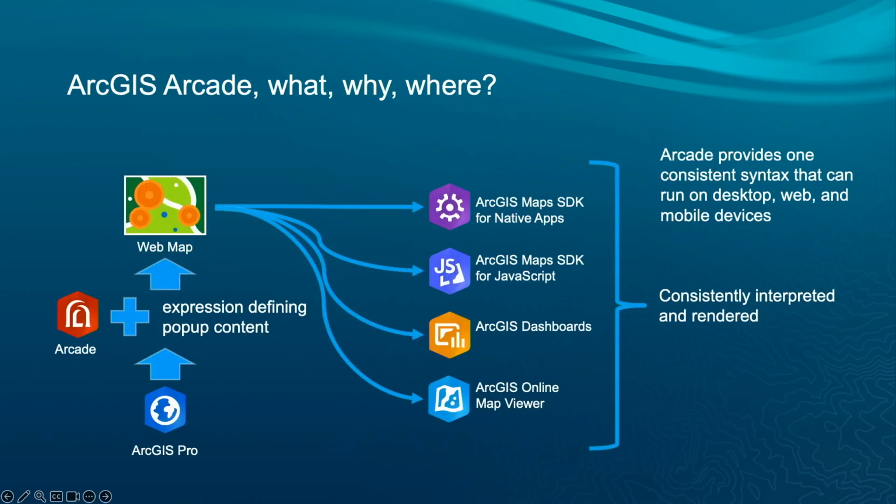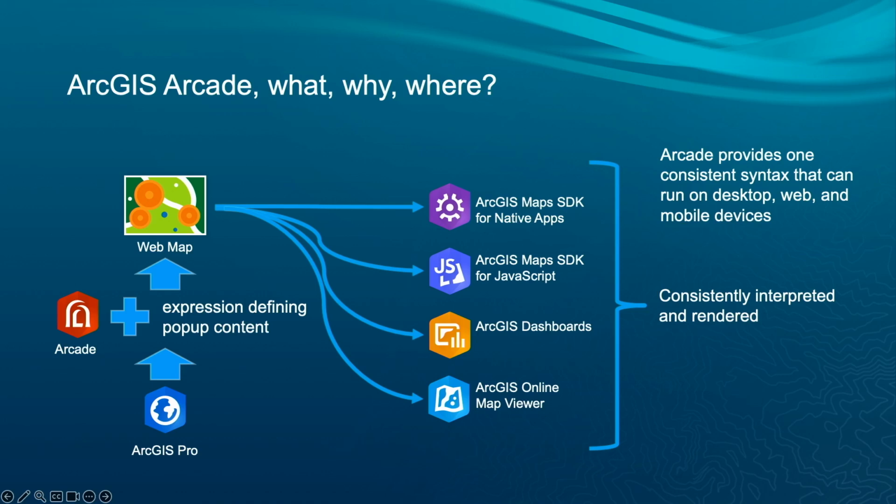We have multiple runtimes of Arcade, because we have three different main systems. Here is an example where someone can author a web map using ArcGIS Pro, and this person creates a nice pop-up, and in this pop-up, leverages Arcade to tweak the pop-up or calculate new data for it. When this is done inside ArcGIS Pro, the web map is saved.